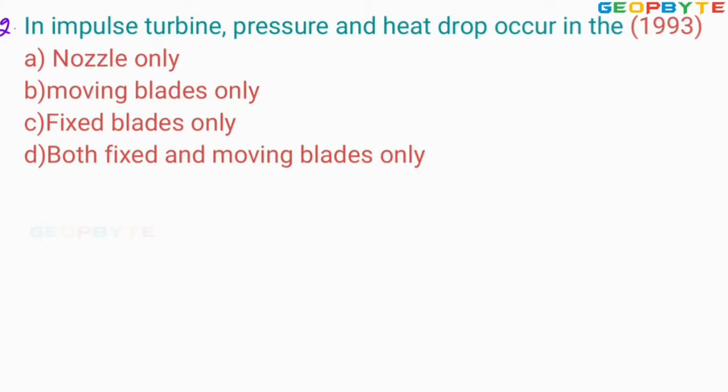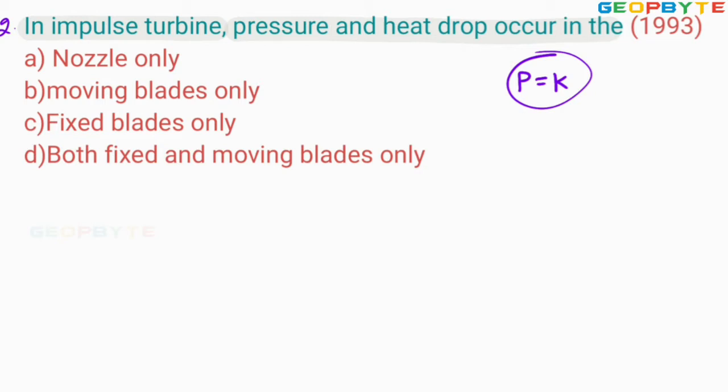Look at the second problem. In an impulse turbine, pressure and heat drop occurs in the... In case of an impulse turbine, the blades are arranged such that the pressure of the flow remains constant in both fixed blades and movable blades. But where is the pressure of the steam dropping? At the entrance, nozzles are connected.